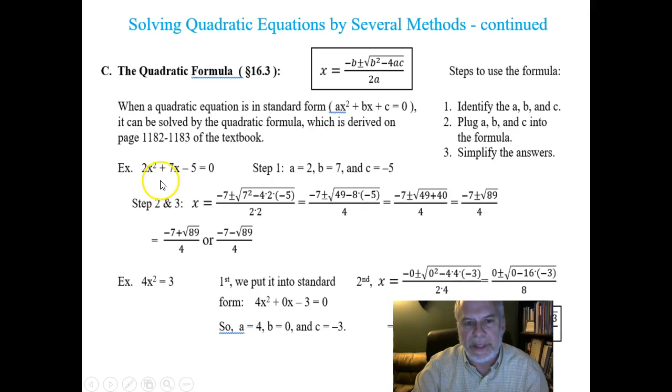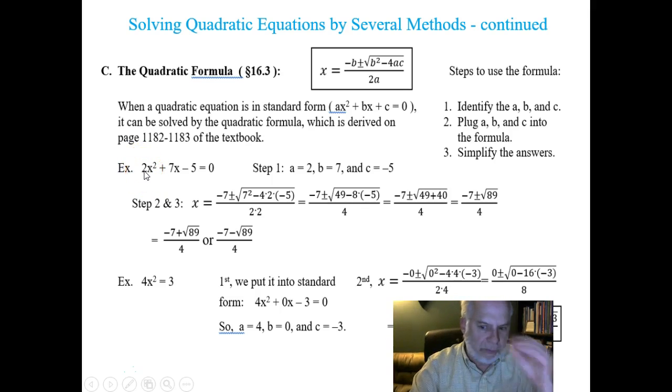All right, so let me give you an example. This equation right here, 2x squared plus 7x minus 5 equals 0, is in standard form. You got to make sure that it's in standard form. So whatever the first coefficient is, that's A. So A would be 2.